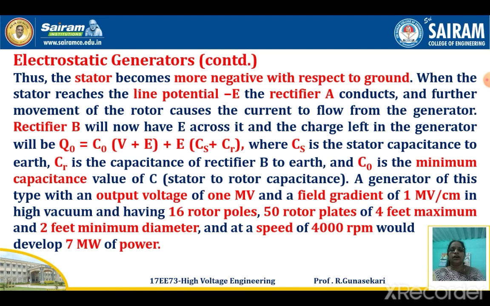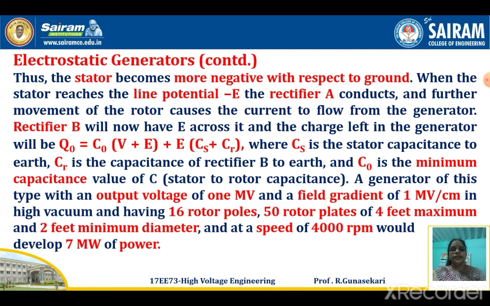C0 into V plus E into CS plus CR, where CS is the stator capacitance to earth, CR is the capacitance of rectifier B to earth, and C0 is the minimum capacitance, that is the stator to rotor capacitance. The electrostatic generator output voltage is 1 megavolt, with a field gradient of 1 megavolt per centimeter.